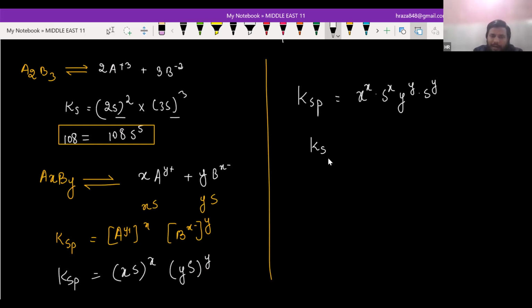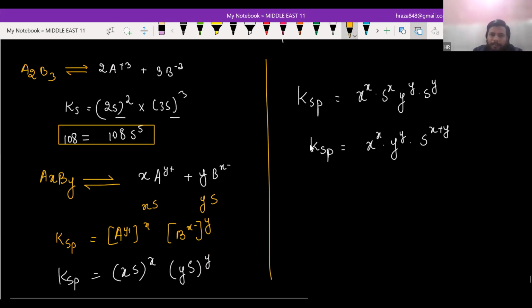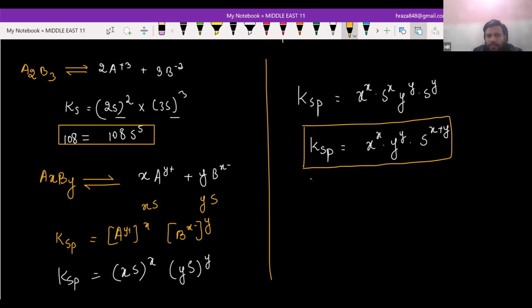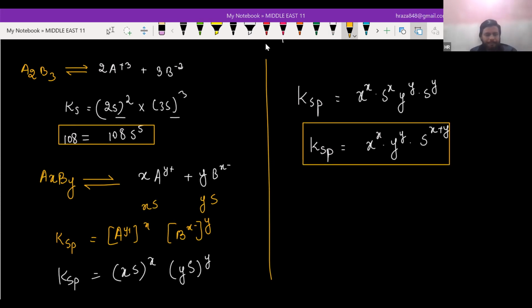So Ksp has a formula you can easily apply if you remember it: x raised to the power x, y raised to the power y, and S raised to the power x plus y. Please write it and let me know if you are done with this.